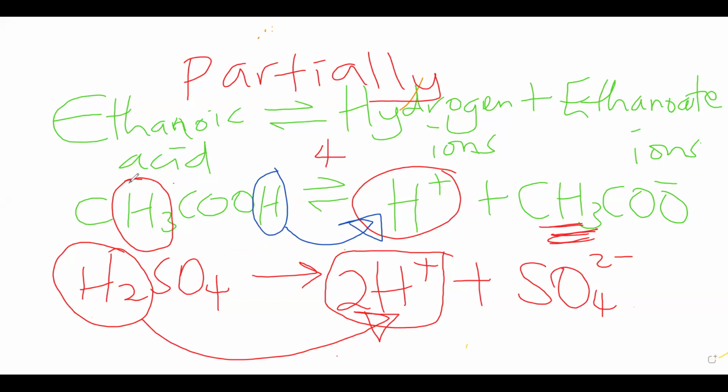These three hydrogens have remained within the structure that is negatively charged. So in that case, this one becomes a weak acid because not all the hydrogen ions become positively charged. I hope that is clearer now.